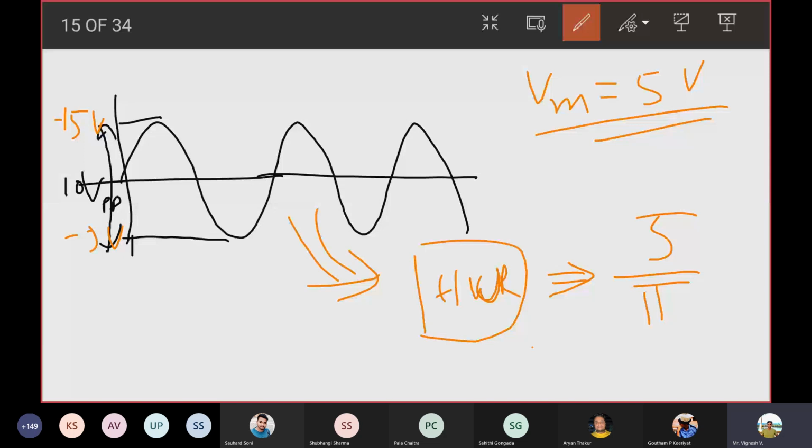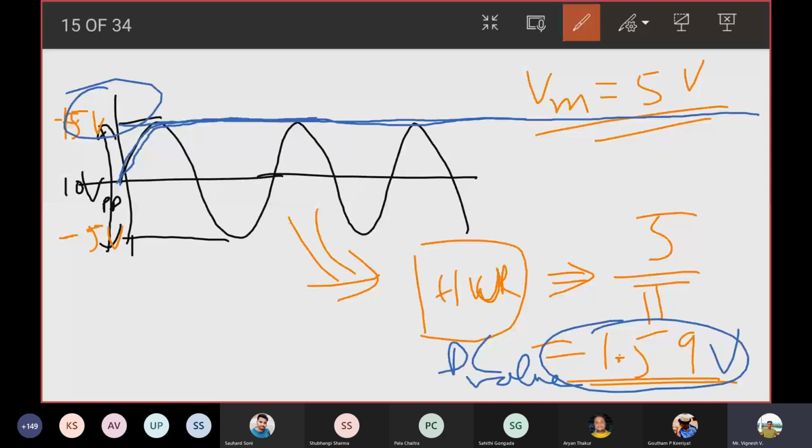But unfortunately, you are getting only 1.59 volts as the DC voltage instead of 5 volts. And anyway, that's a pulsating DC. You have to understand qualitatively also, not only do the math. So much loss, no? Where is 5 volts? Where is 1.59 volts? Too much difference.